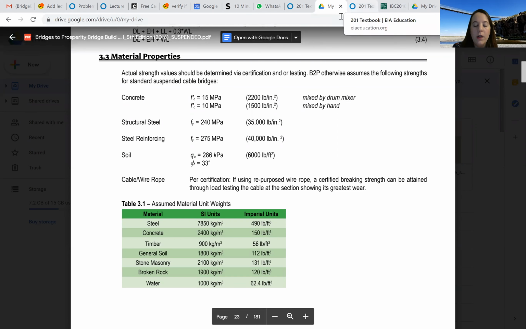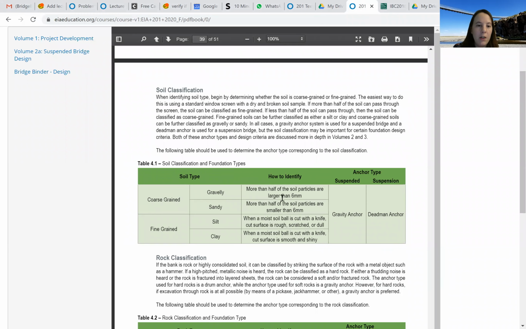So where to look first is actually the first volume of the Bridge Builder Manual. In Volume 1, Section 4, Table 4.1, it shows the different types of soil, not rock, soil that is encountered. Based on the Bridges to Prosperity and Engineers in Action experience, typically our sites are coarse-grained, gravelly, or sandy soils.